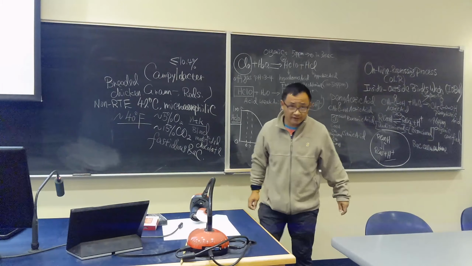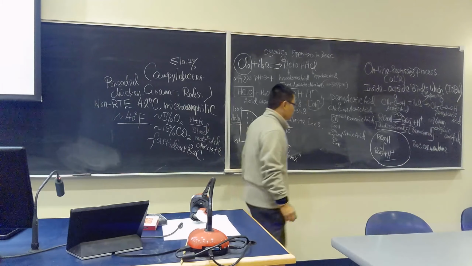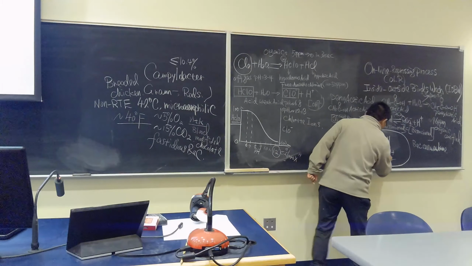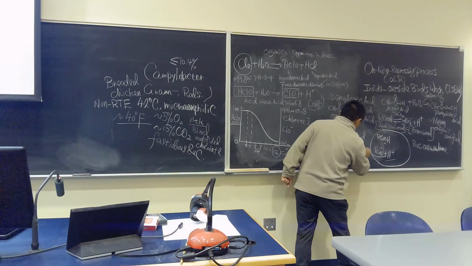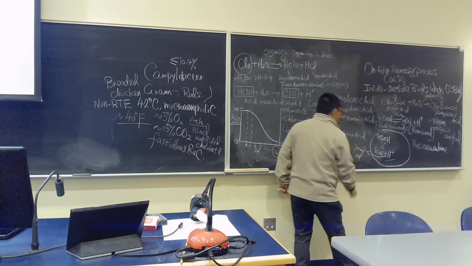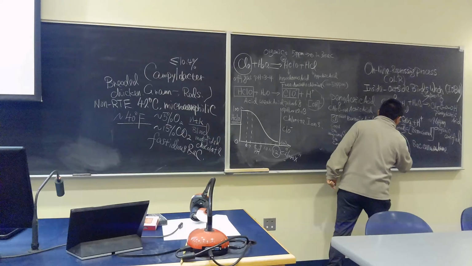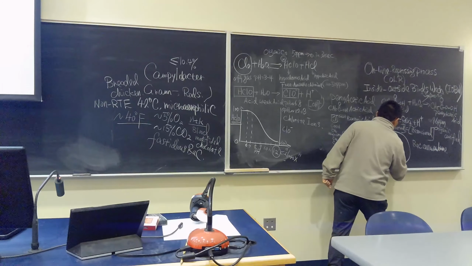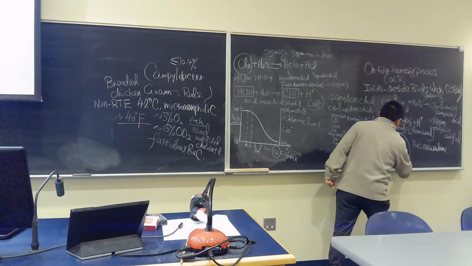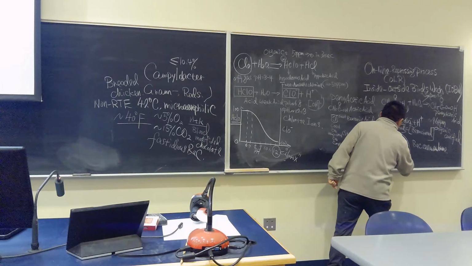Bacteria cannot survive in the acid environment. What do they have to do? They need to pump these protons out. At the same time, they rely on ATP hydrolyzed to become ADP and Pi, and this needs ATPase.